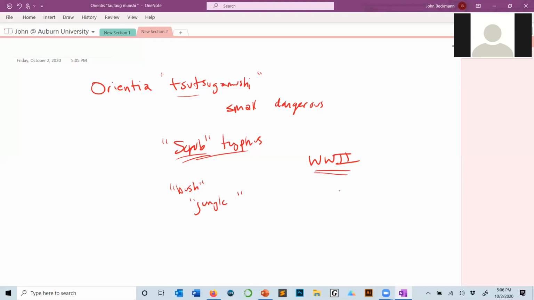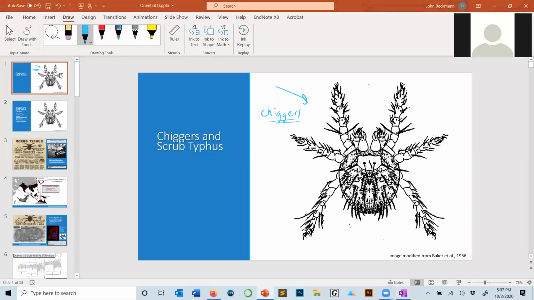Many of these islands were owned and operated by the Japanese Empire at the time. So when we were fighting in World War II, that's when we first started getting exposed to this disease, and they started calling it scrub typhus. Okay, so more on the history of it.